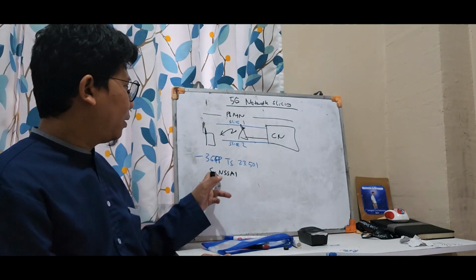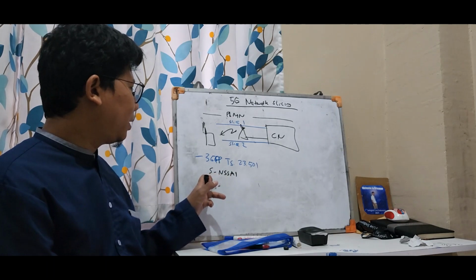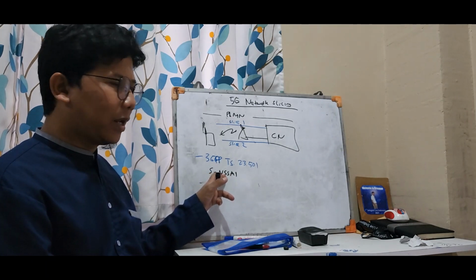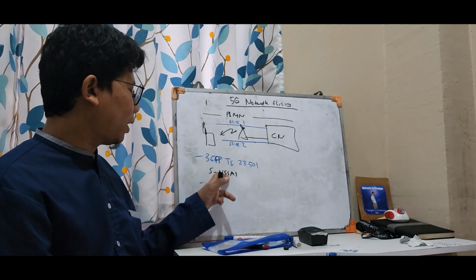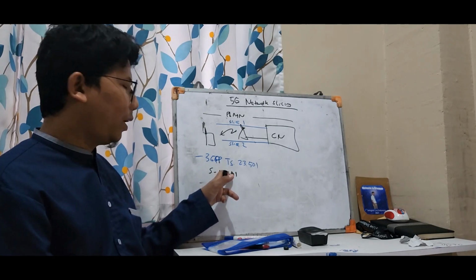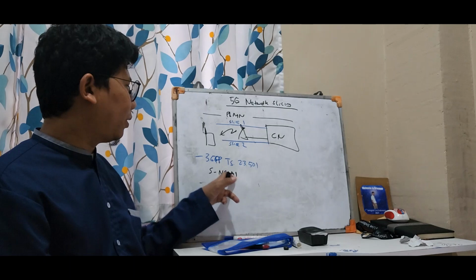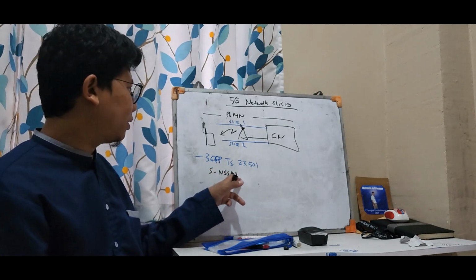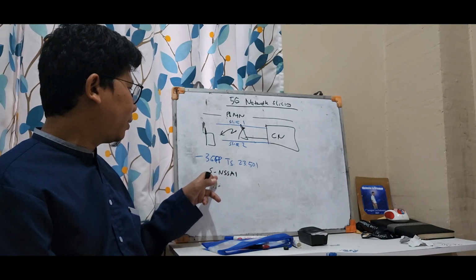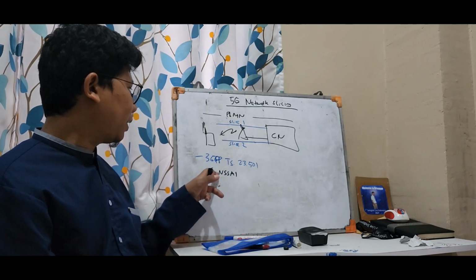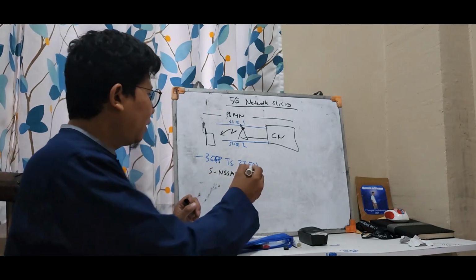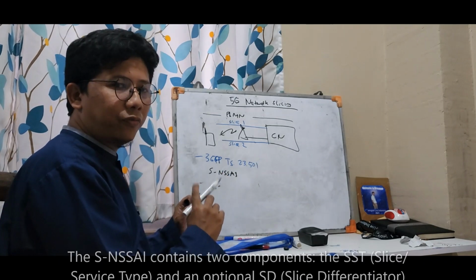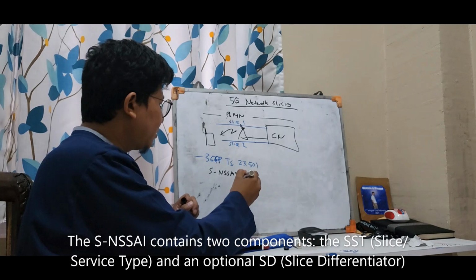It stands for single network slice selection assistance information. And this S-NSSAI consists of two identifications.